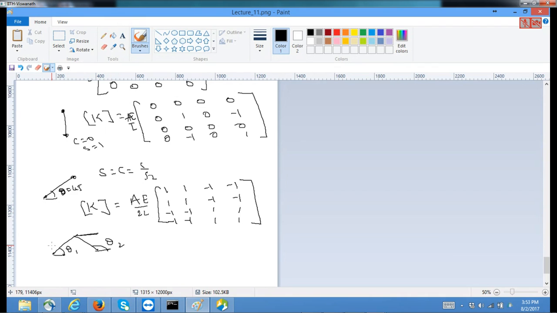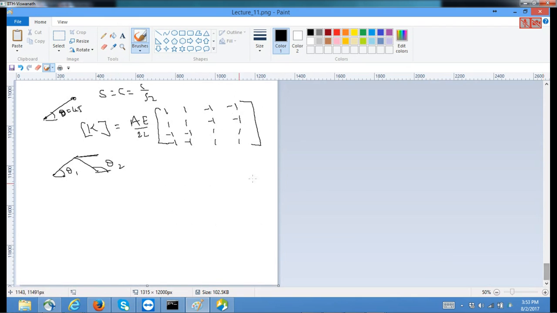Let me summarize what we have done today. We know K for the bar element in 1D, that is AE by L times [1 minus 1; minus 1 1].